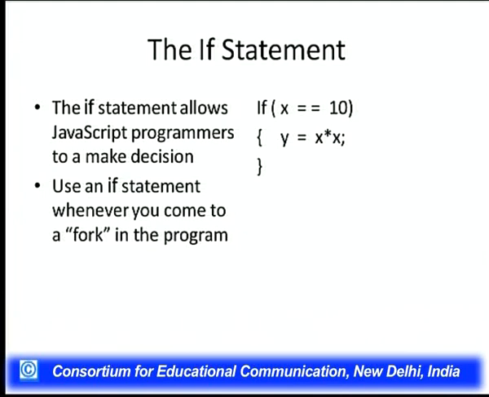You use an if statement whenever you have a fork in your program, that is you have a condition in your program. For example, if you have to judge whether a number is even or odd, you need to divide the number and compare whether the remainder is 0 or not. In that case you can use a statement that if the remainder is equal to 0, the number is even, otherwise the number is odd. That's a simple kind of condition which you use.